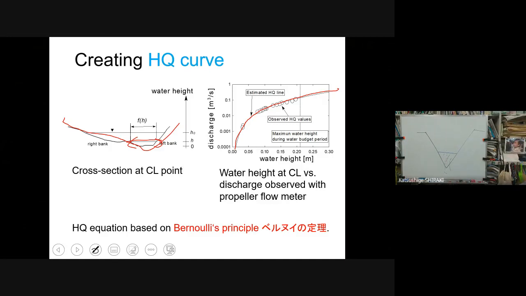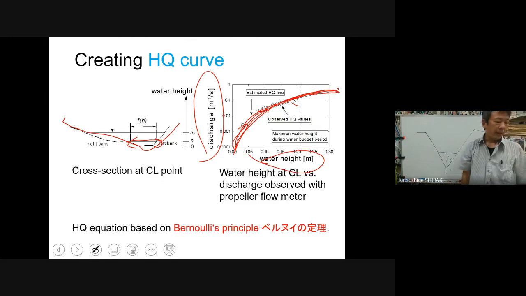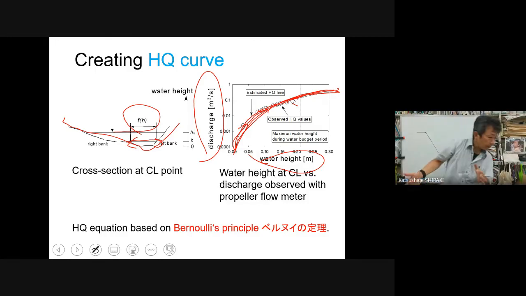This shows that the hydraulic curve with the Bernoulli principle is equal to the observation. So we can use this curve for the water height and the discharge rate. If we can check the river shape, that means FH here, then we can calculate the HQ equation.